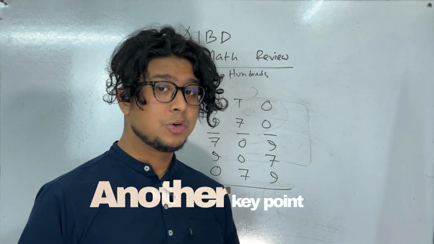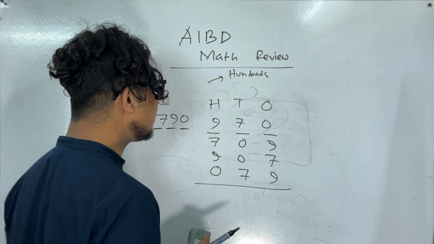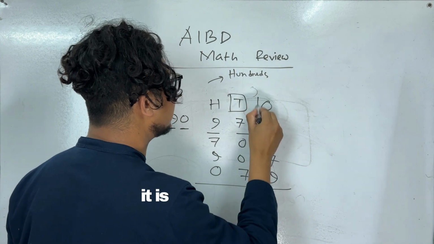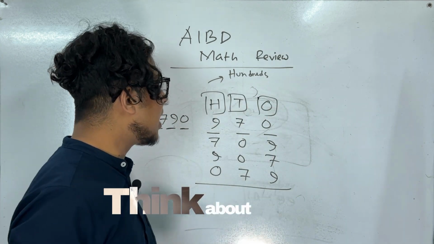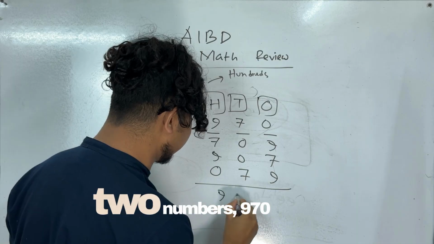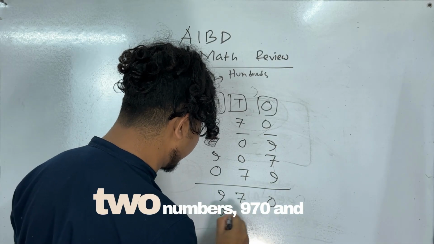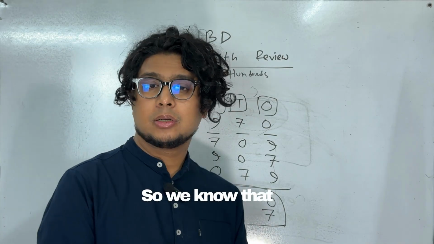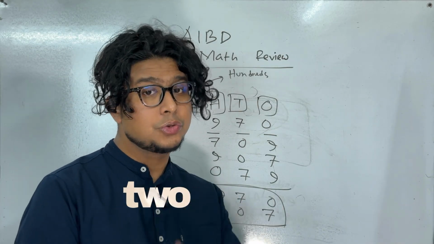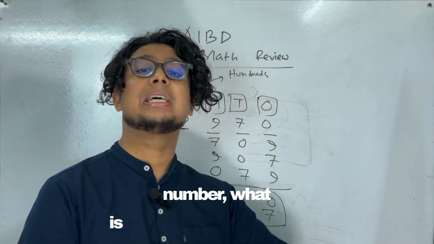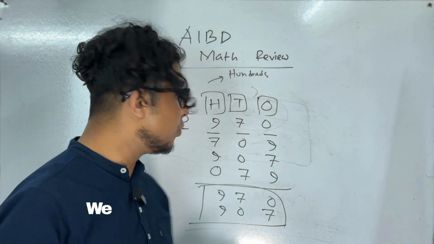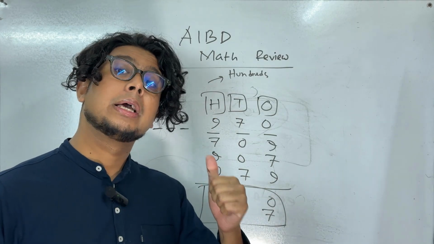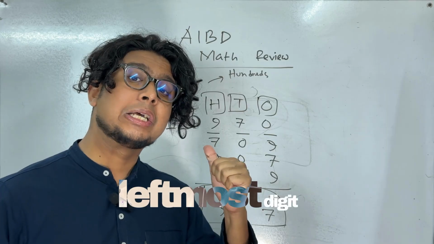Another key point from this math is, on basis of positioning, it is tens, it is ones, and it is hundreds. Think about these two numbers, 970 and 907. To differentiate two numbers, to find which is the larger number and which is the smaller number, we need to look very clearly at the leftmost digit of that number.